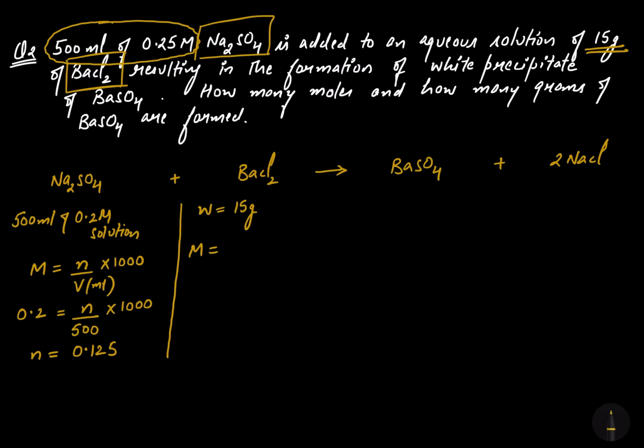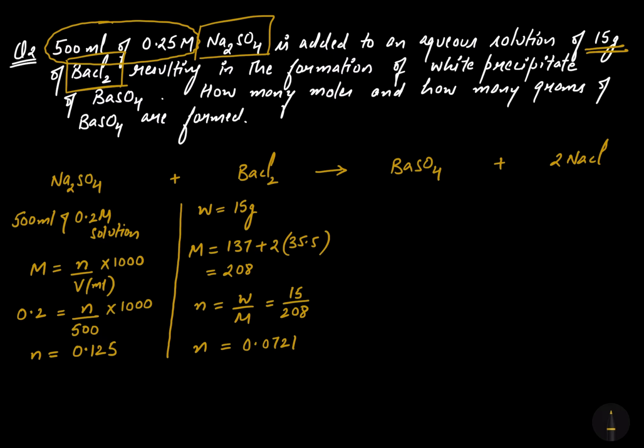The atomic mass of barium is 137 plus the atomic mass of 1 chlorine is 35.5 into 2, and it comes out to be 208. So the number of moles are obviously given weight by molecular weight. It comes out to be 15 divided by 208. Now the number of moles of barium chloride comes out to be 0.0721.